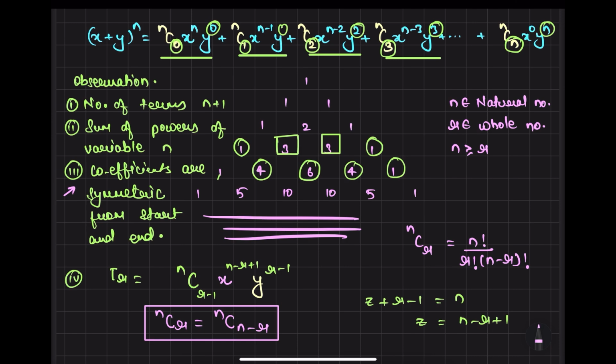Whatever may be the term, the lower subscript of c should be 1 less than that quoted number, and lower subscript of c and the power of y are same. And then manually you can find power of x. I hope the idea is clear.